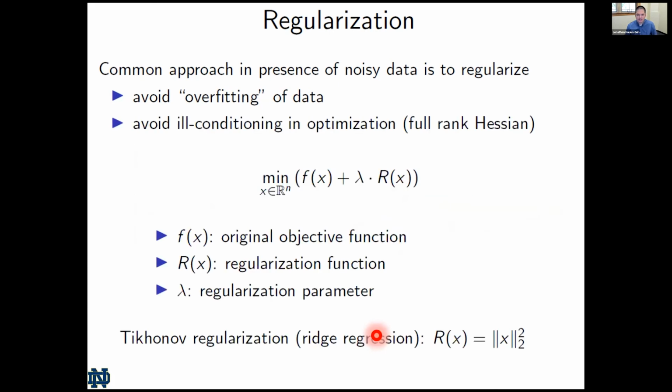So let's look at this from a mathematical perspective. You take your fitness function and you add some constant times your regularization function. So this lambda is your regularization parameter, and you have this regularization function. So classic is Tikhonov regularization, which is also called ridge regression. And so you just take the 2-norm of your points.